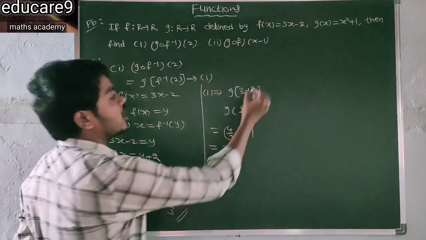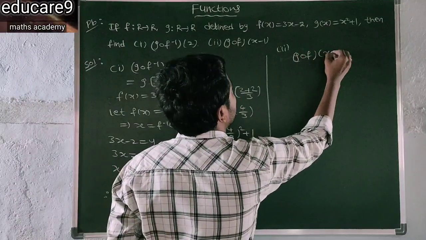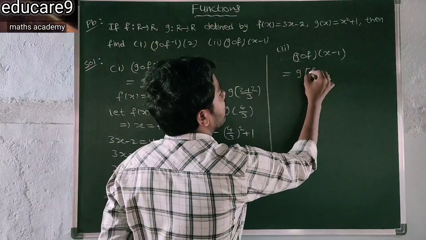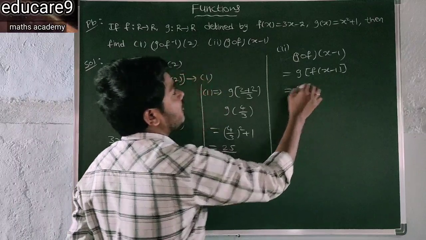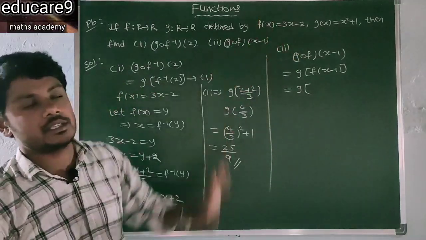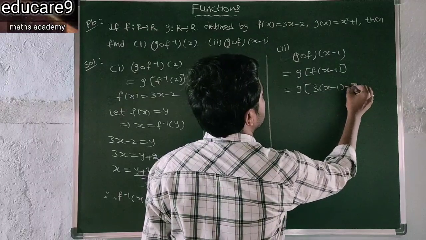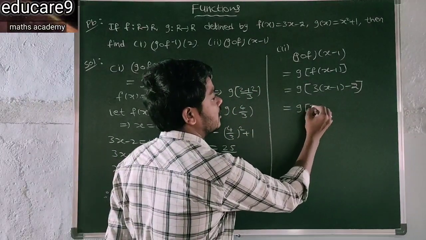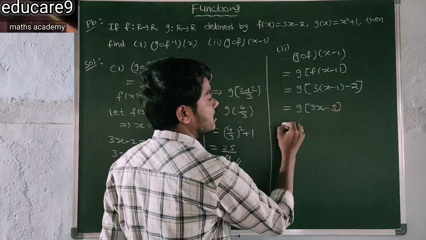And the second one is g circle f of x minus 1. We write this as g of f of (x minus 1). What is f of x minus 1? Replace x by x minus 1 in f of x. You will get 3 into (x minus 1) minus 2. This equals g of (3x minus 3 minus 2), which is g of (3x minus 5).